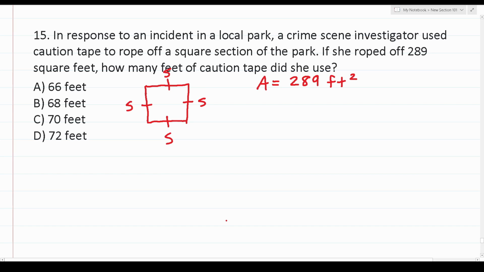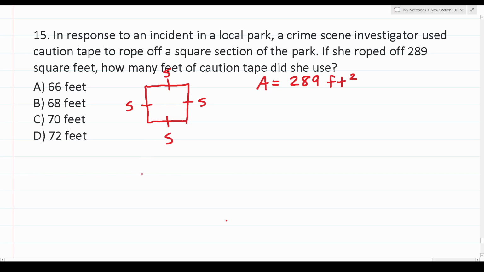The distance from here to here, which is the caution tape, plus the distance from here to here, plus this distance from here to here, plus this distance from here to here, is the total amount of caution tape that she used. In other words, to find out how much caution tape she used to rope off this section of the park, we're going to be finding the perimeter of this square.